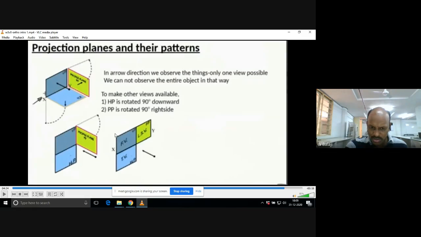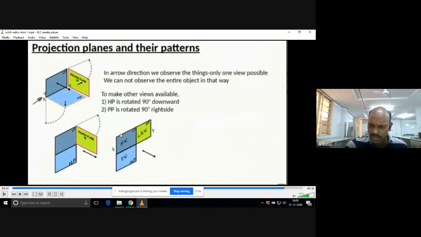Now finally we got one picture. So this is the front view, because HP is rotated clockwise 90 degrees, the top view is coming down below the front view. We have rotated that profile plane also right hand side, so it is coming to the right hand side of the front view.